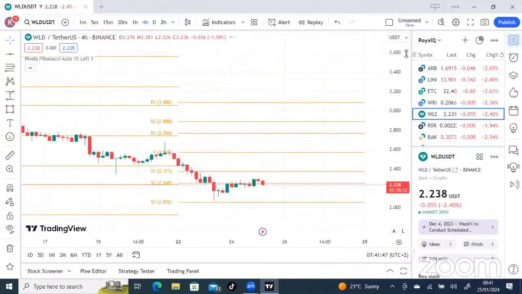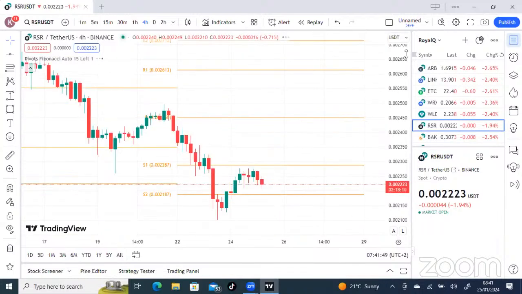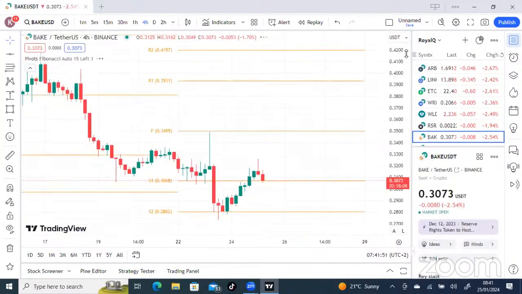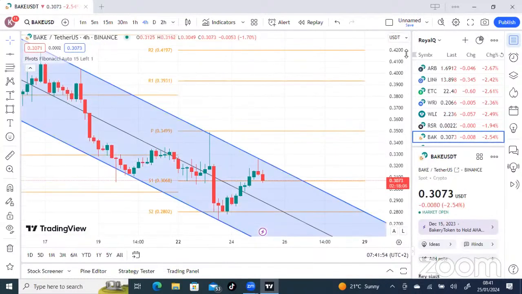So I will describe the indicator tomorrow, but it is there. If BEC gets supported there and it doesn't go down, then we can see BEC go back to 0.3500.